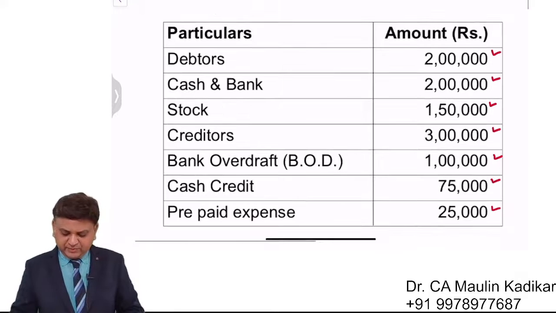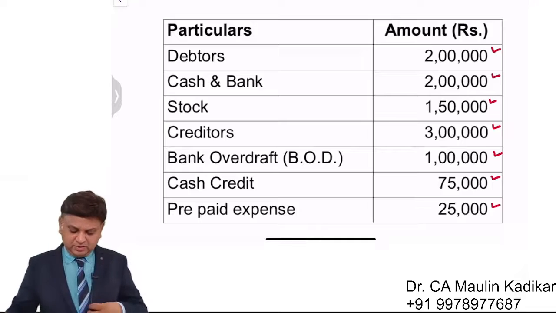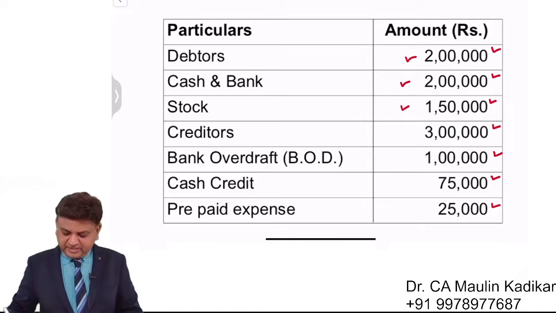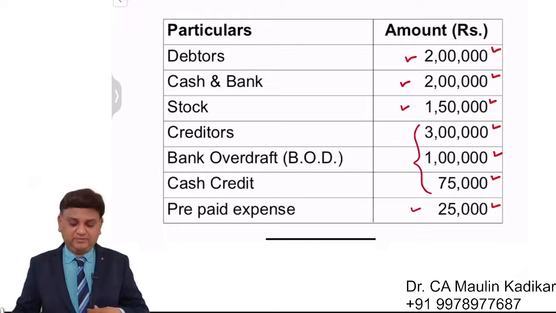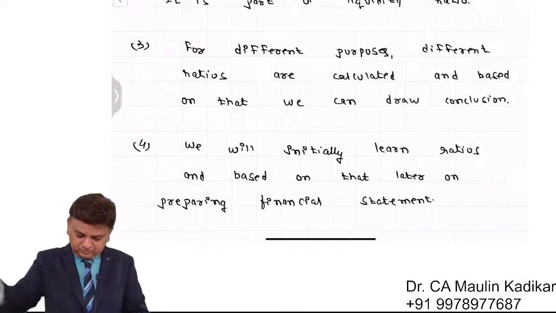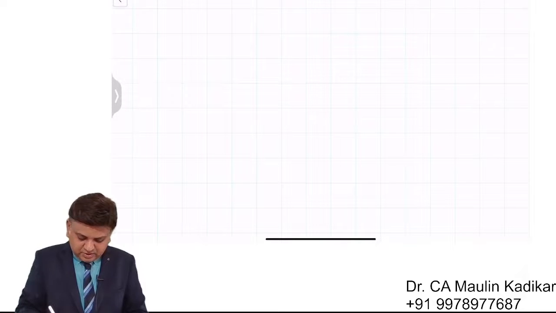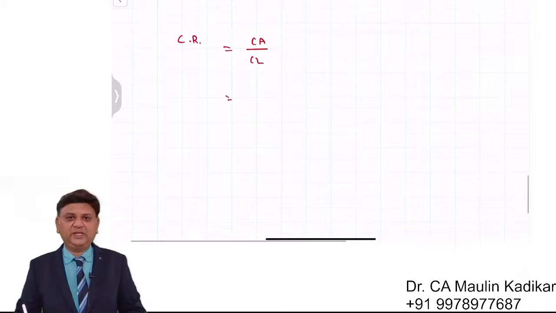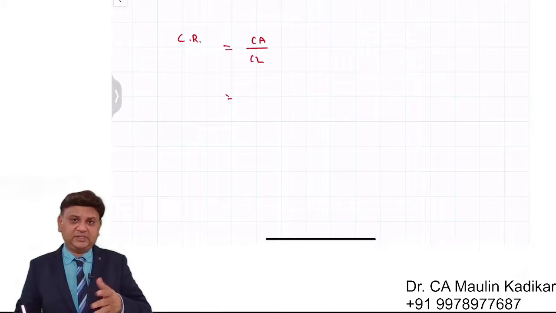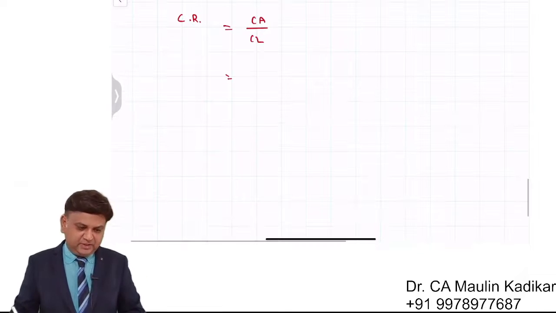So friends, for the purpose of calculation of the current ratio, current assets will consist of debtors, cash and bank, stock, then prepaid expenses, and current liabilities are consisting of these three. Should I write an answer? Current ratio, it is current assets upon current liabilities. So basically the current ratio is indicating what is the amount of the current assets for every 1 rupee of the current liability.